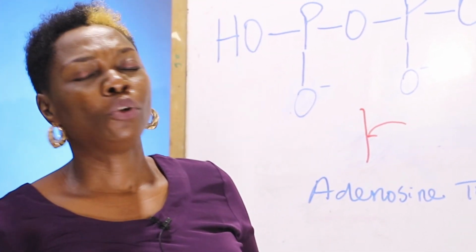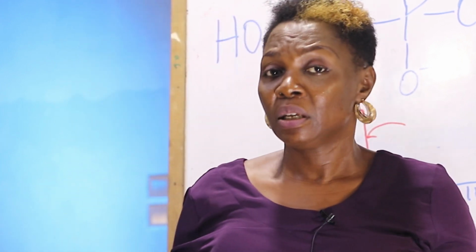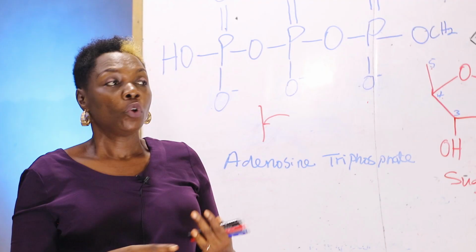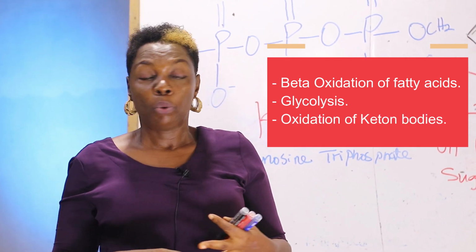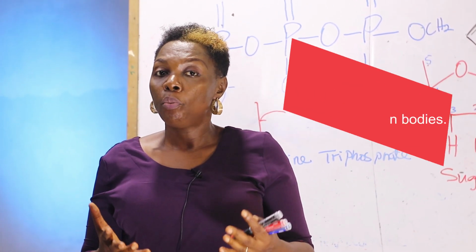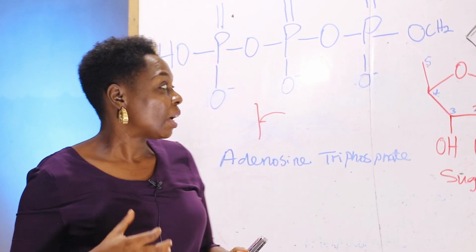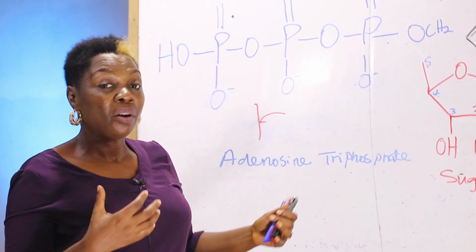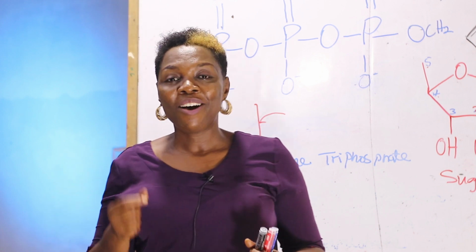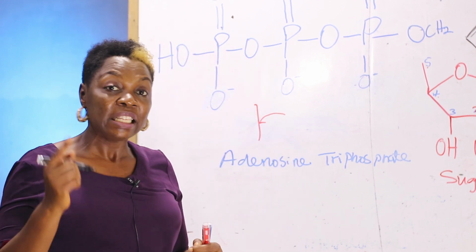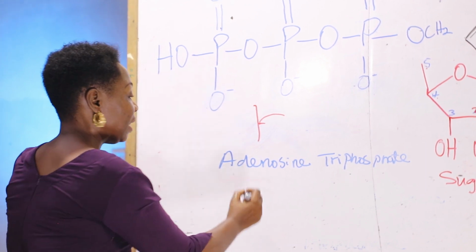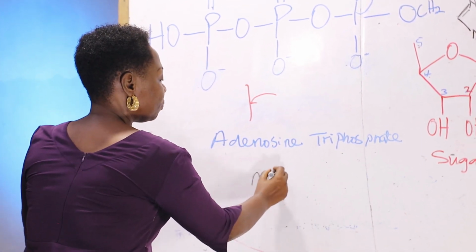So what are the examples of some of these catabolic processes that generate ATP? We have beta oxidation of fatty acid, we have glycolysis, and we have oxidation of ketone bodies. So these biochemical reactions generate ATP. And the cellular organelle that is responsible for the synthesis of ATP is the mitochondria.